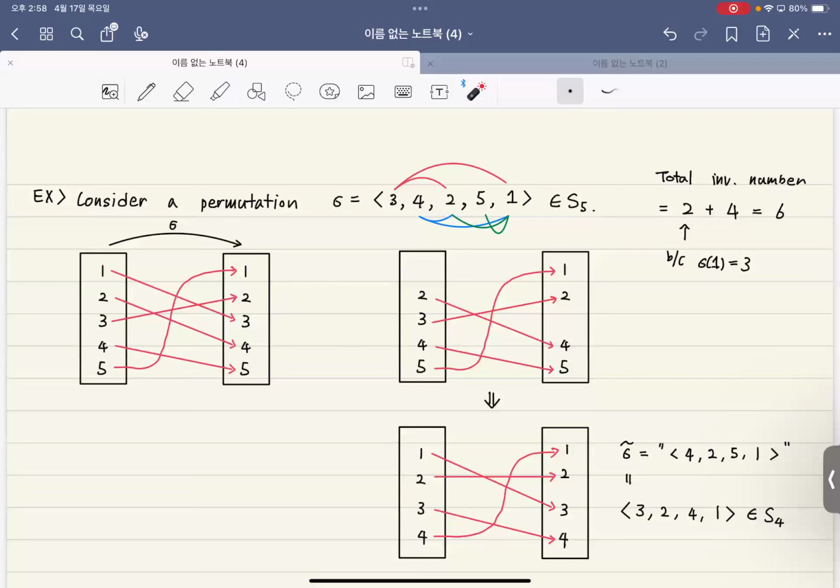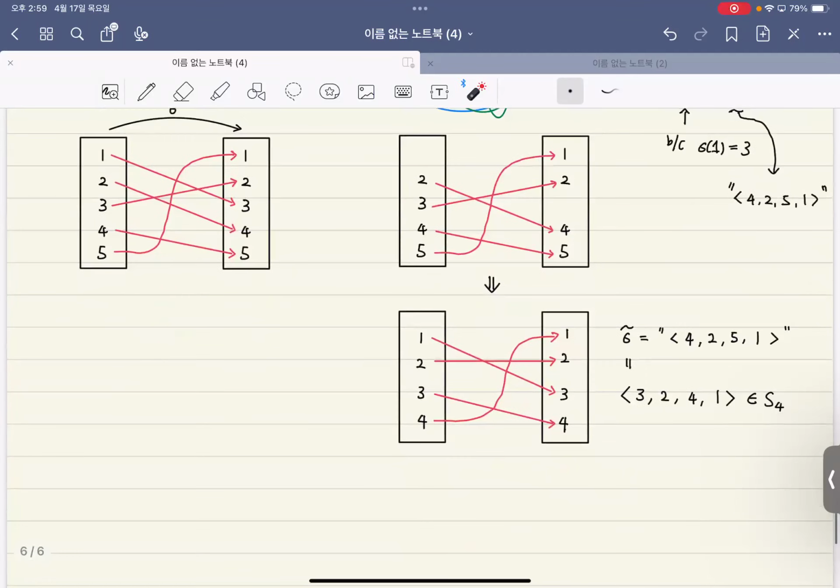This is why I get 2, and this number 4 came from these 4 numbers, 4, 2, 5, 1. This is not formal, not official notation; I'm just writing this to emphasize. I just got rid of the number 3 here, and the inversion number from here is the same as the inversion number of this.